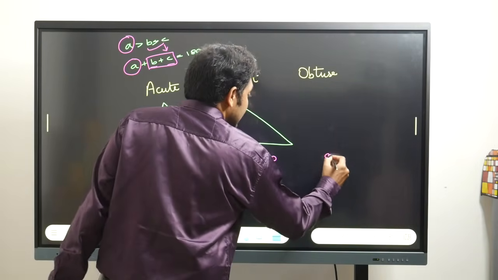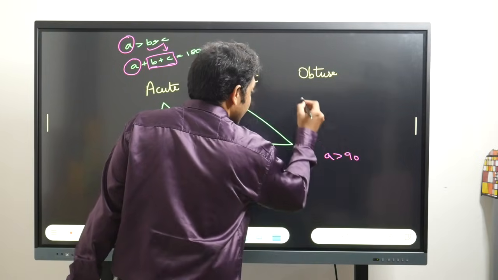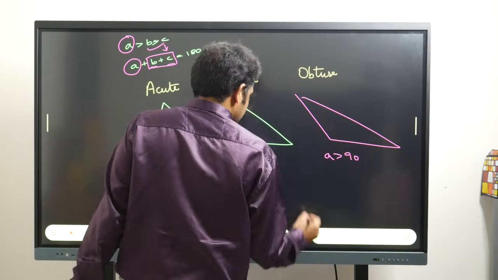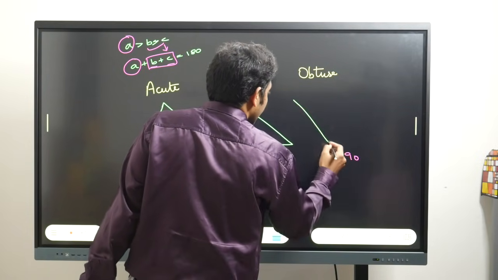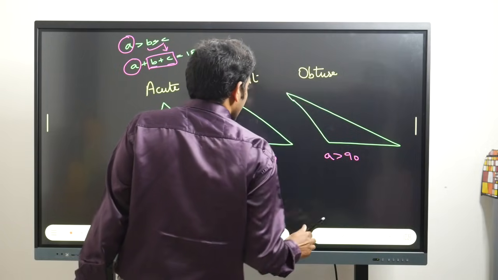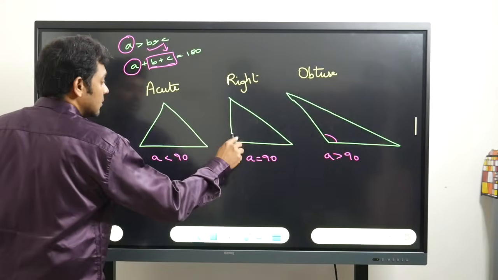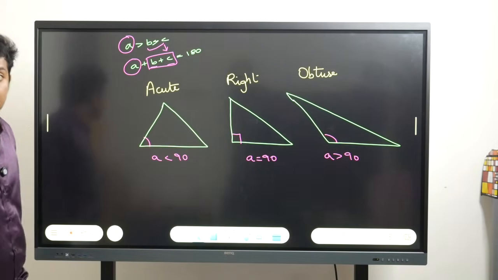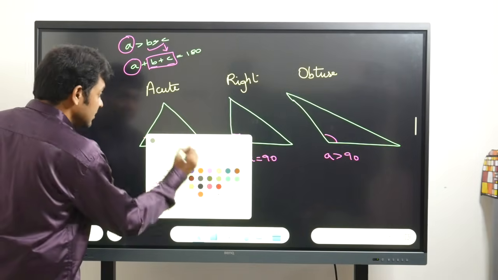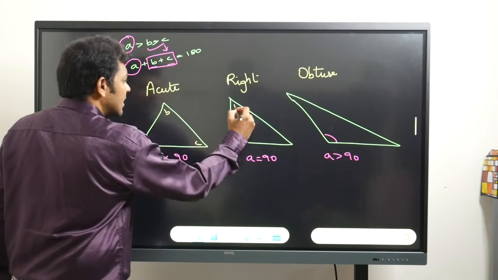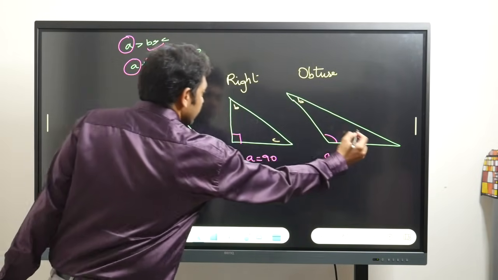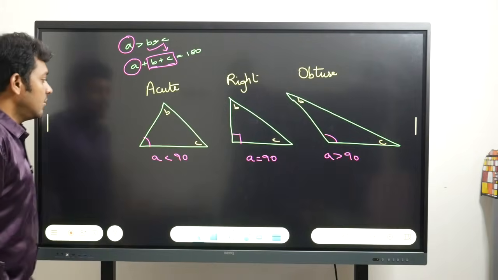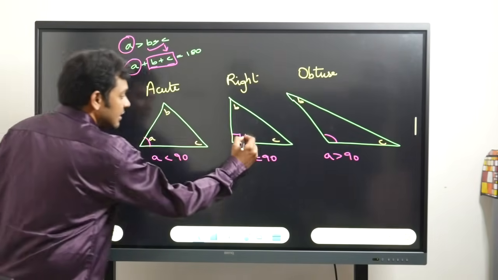If A is more than 90, it is called an obtuse angle triangle, right? So if you observe, the other two angles B and C will definitely be less than 90, so I am dealing with only the greatest angle.